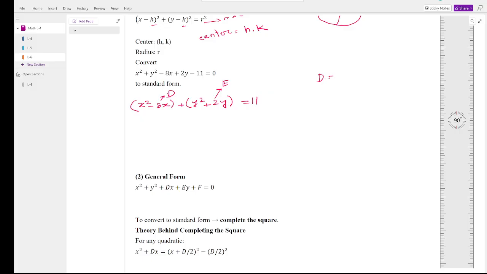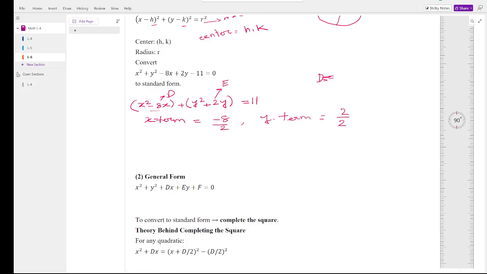How can we find t? For the x term, we need to find minus 8 divided by 2, and for the y term this is 2 divided by 2.